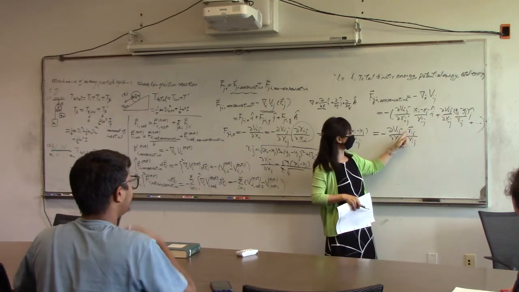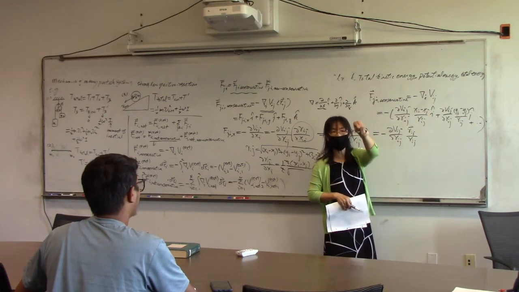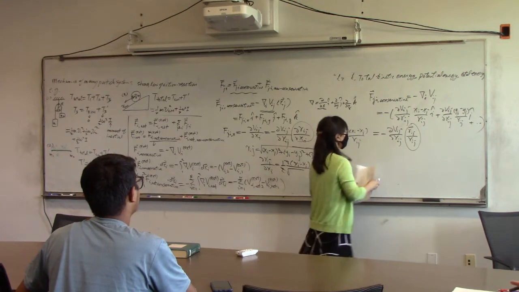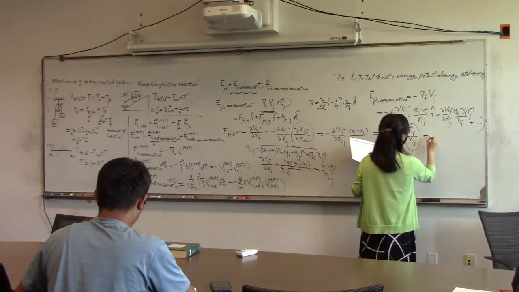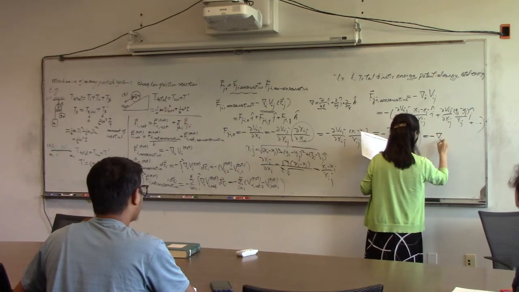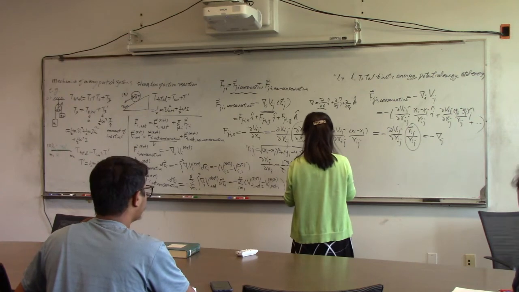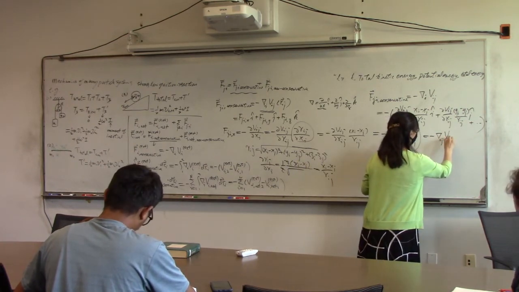So that is Rij, and this one is what? The unit vector along the Rij direction, right? Let me give a notation: the unit vector Rij hat.